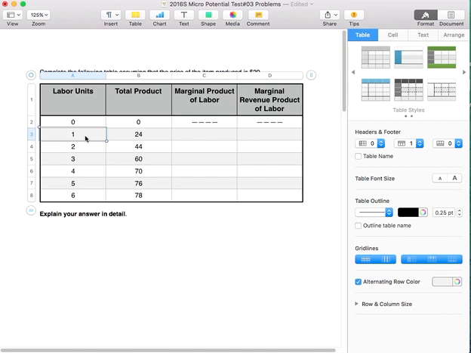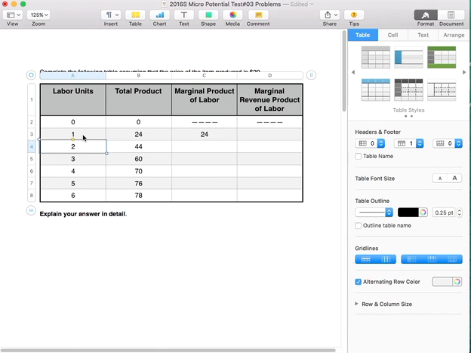Then when we use 1 unit of labor, our total product increases to 24. So by going from 0 workers to 1 worker, our total product increases by 24. It goes from 0 to 24. So the marginal product of labor when we have 1 unit of labor is equal to 24.